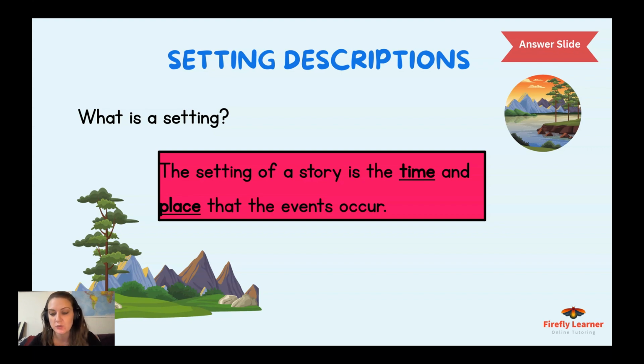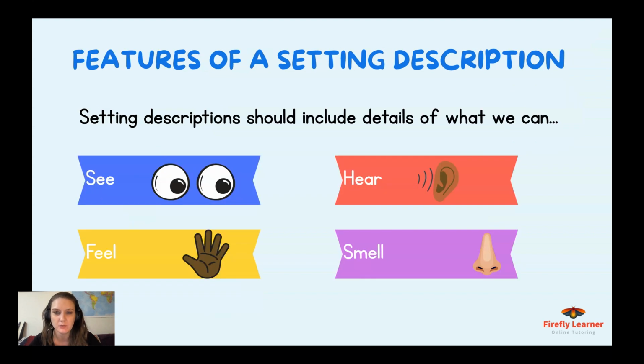But today we're just focusing on the setting description, which will come somewhere towards the beginning of the story, because it's important that your readers can create a picture in their minds of what we can see, hear, feel and smell in that place. So when you're writing a setting description, I want you to use your senses and think about, if you were in that place, what would you be able to see?